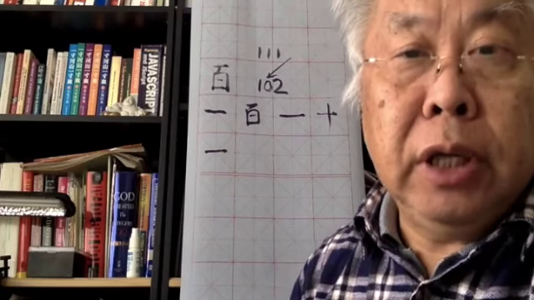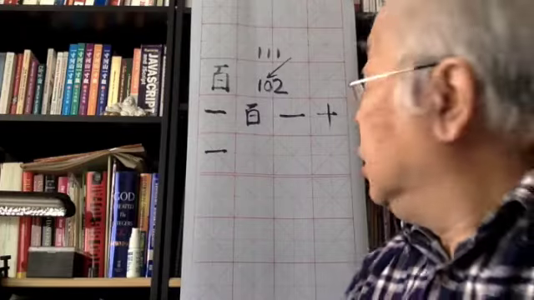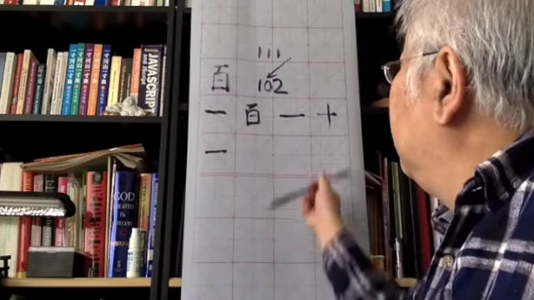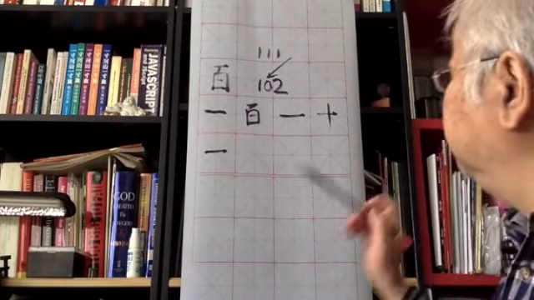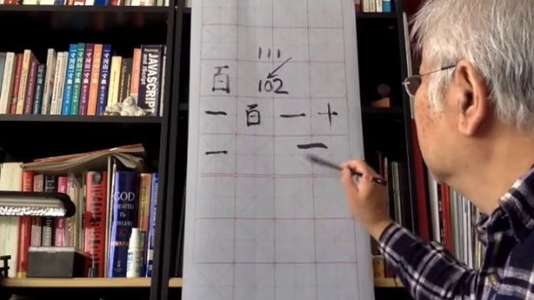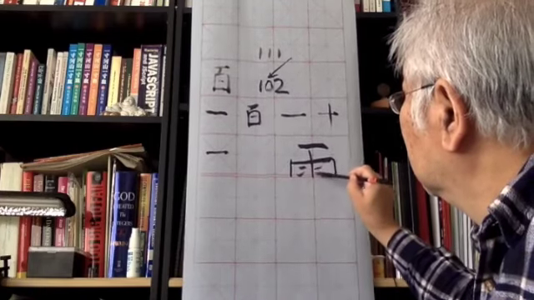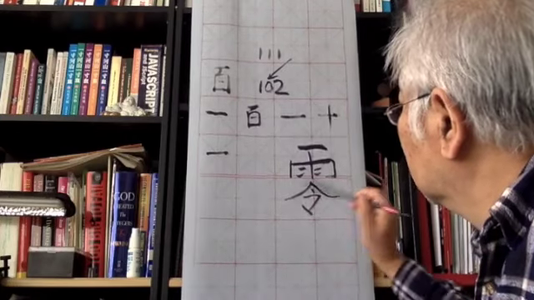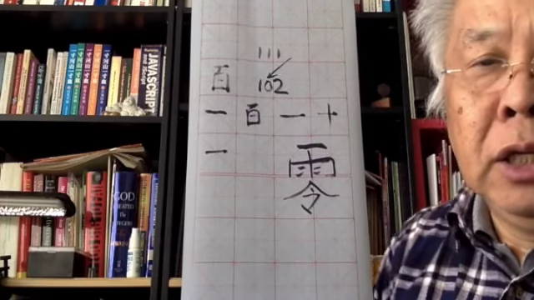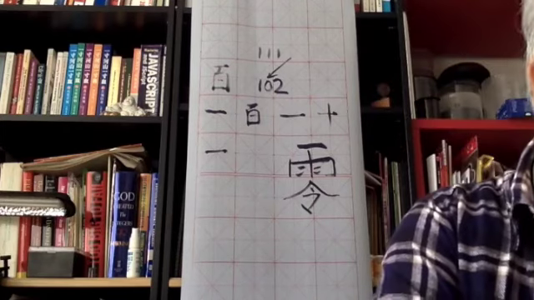The word for 0 is a little bit complicated, so I'm going to write it larger, using 4 squares instead of 1, so that you can see it a little bit better. Well, this whole word represents 0.